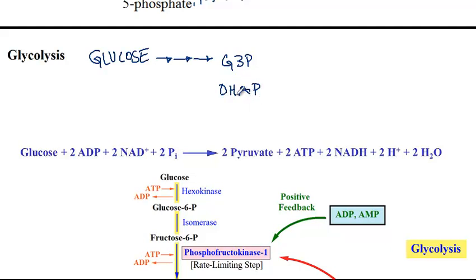And these two molecules are isomers and are interchangeable, so therefore we can say that the glucose will give the final product of two molecules of glyceraldehyde 3-phosphate.